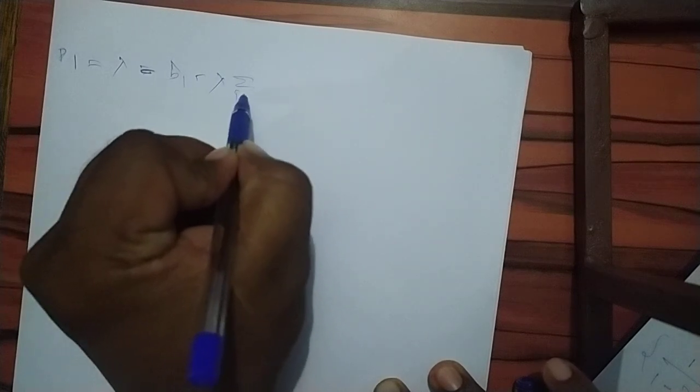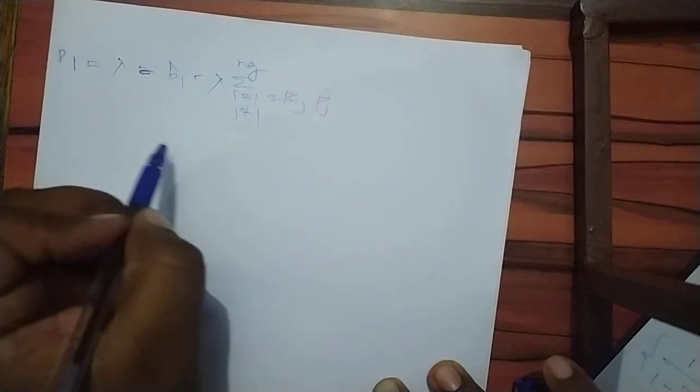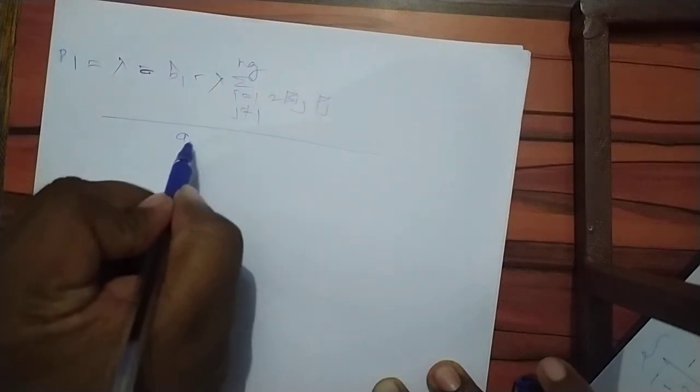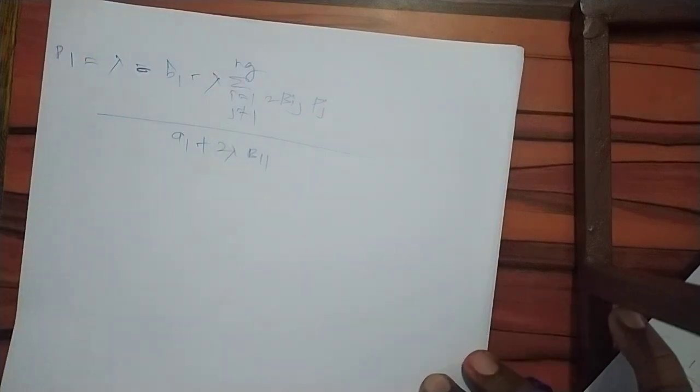Remember this equation, I will write it once again: P1 is equal to lambda minus b1 minus lambda times the summation over j not equal to 1 up to Ng of 2 B1j Pj, divided by a1 plus 2 lambda B11. Thank you.